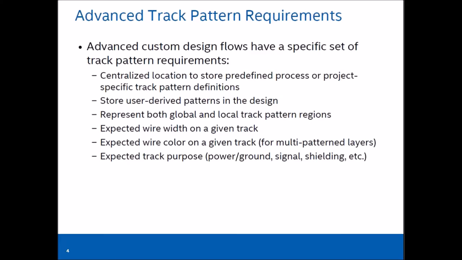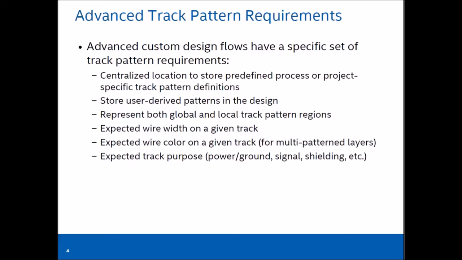There also needs to be a case where maybe the pattern doesn't apply to the entire block. Most of the time, if possible, it is nice to have just a global pattern for the design, but many times there need to be regions where different patterns occur. Of course, we need to also specify for the given tracks what the intended wire width is meant for that track.